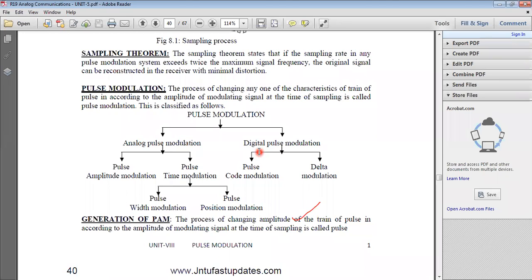Under analog pulse modulation, again two types. One is PAM, that is pulse amplitude modulation, and another technique is pulse time modulation, which is PTM.